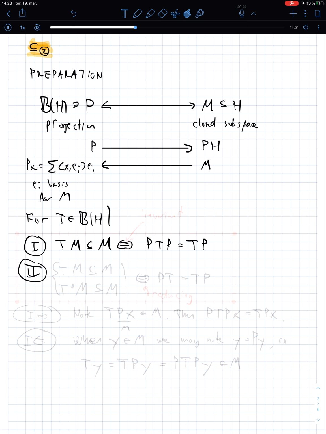And the second one is that TM is contained in M and T star M is contained in M. I'm claiming that that's the same as saying that PT is TP. On the left-hand side, I have something about invariance of M, in the sense that T will send M back into itself, or T star will send M back into itself.